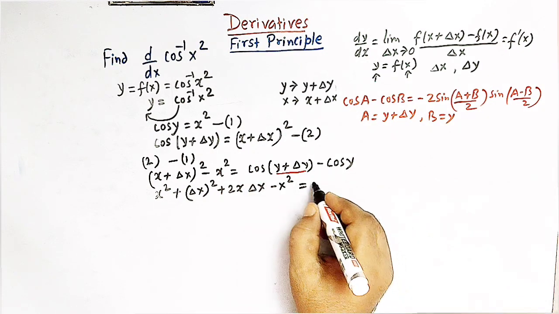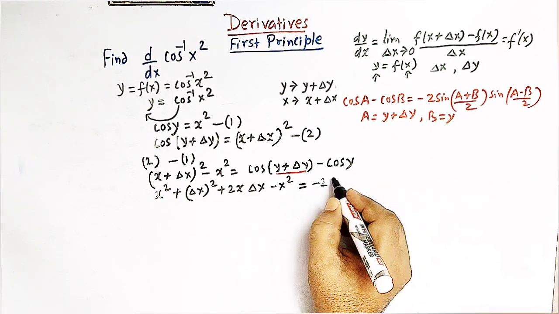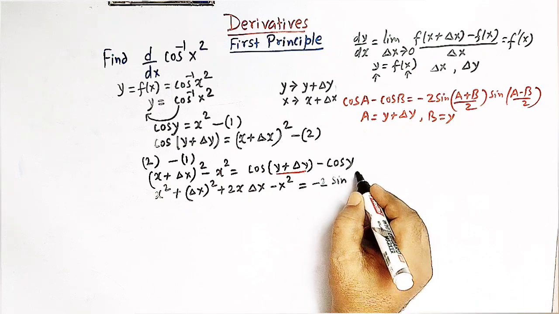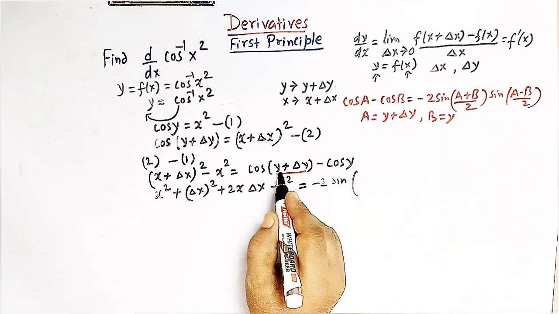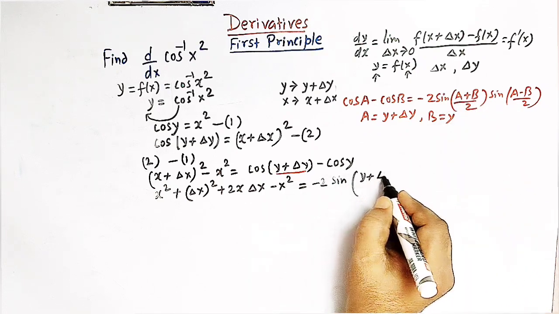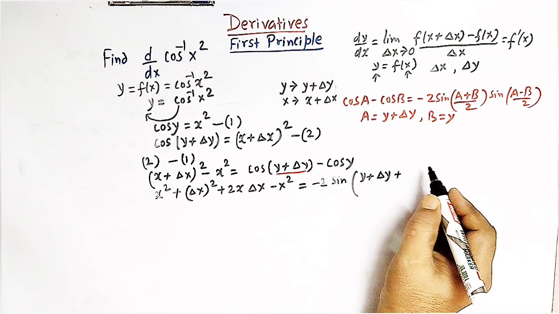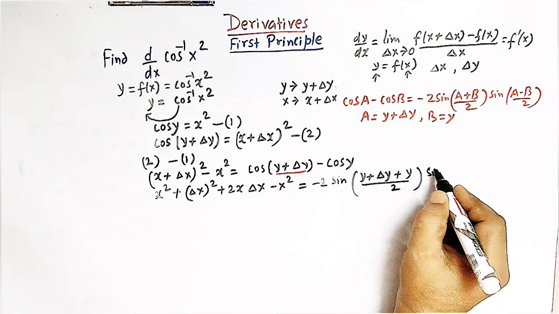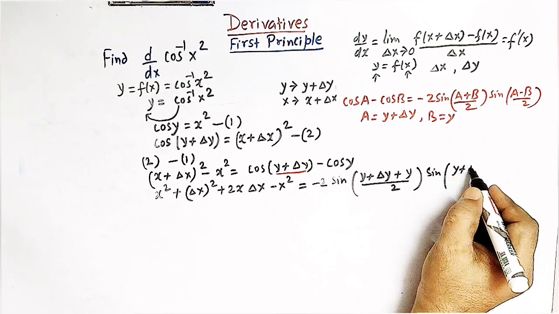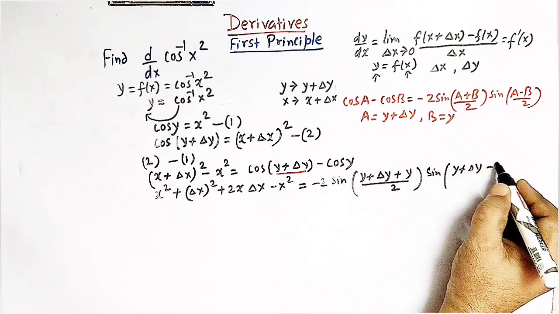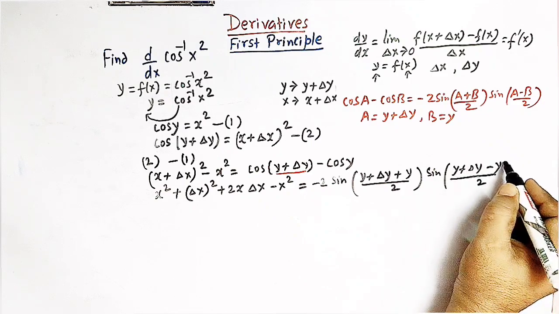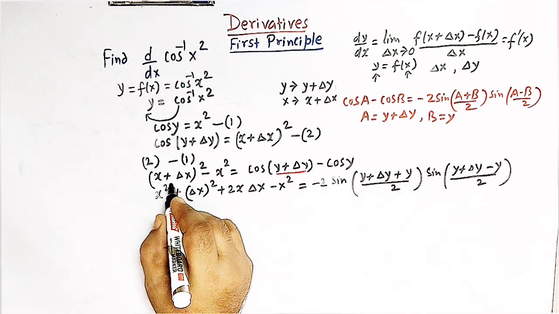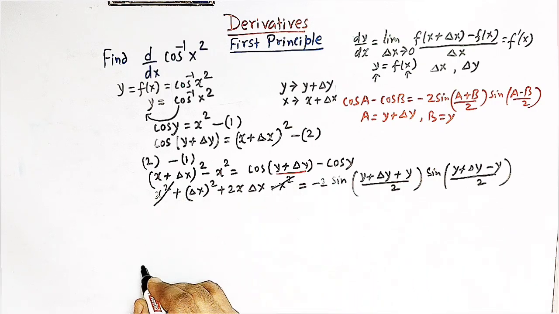So here we have minus 2 times sine of a plus b over 2. A is y plus delta y plus b is y, over 2, then we have sine y plus delta y minus y over 2. So now here x square and x square get cancelled.